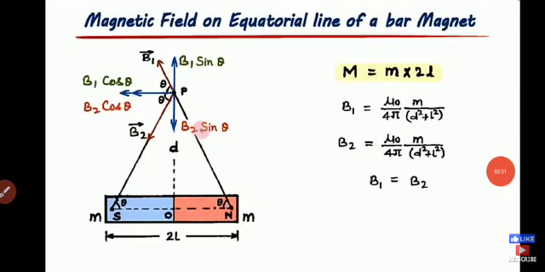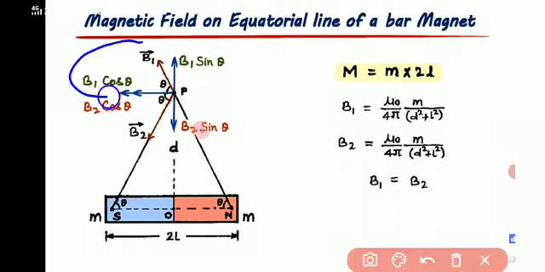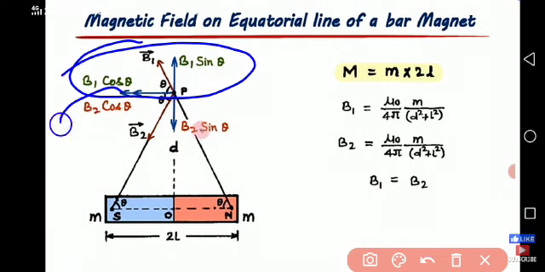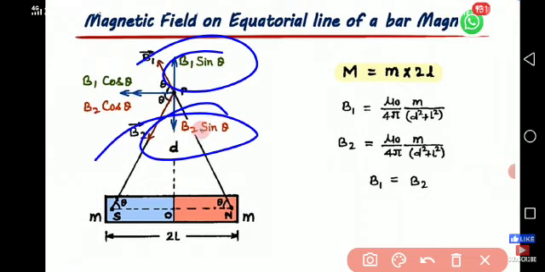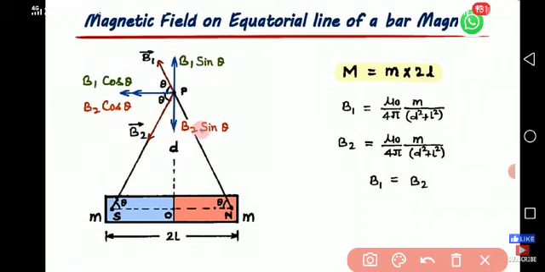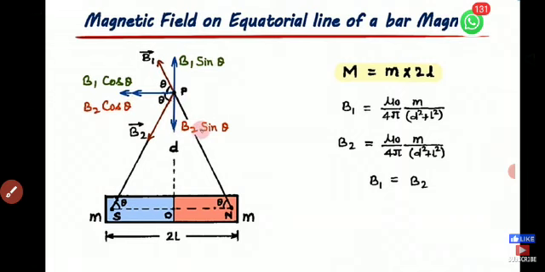So just pay attention here. You can see that we have resolved B1 into two components, that is B1 cos theta, B1 sin theta, and B2 cos theta and B2 sin theta. Dear students, you can see from here that B1 sin theta and B2 sin theta, these both are equal and opposite, so they will cancel out each other's effect.